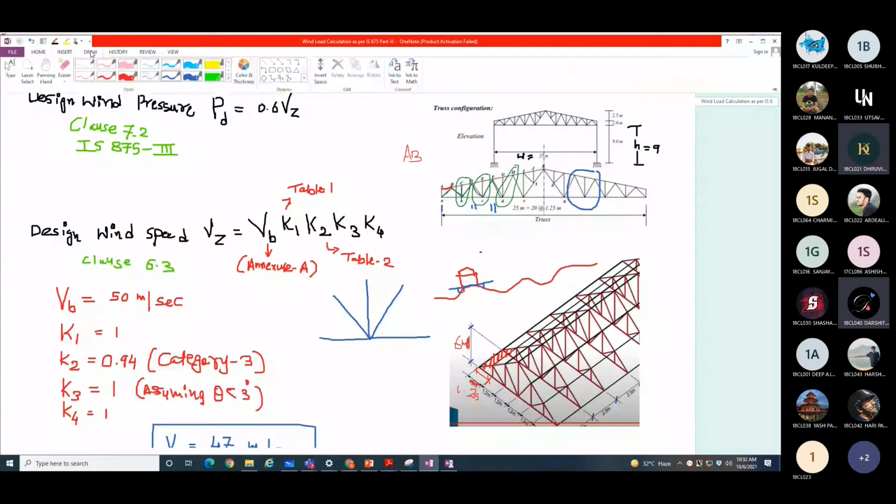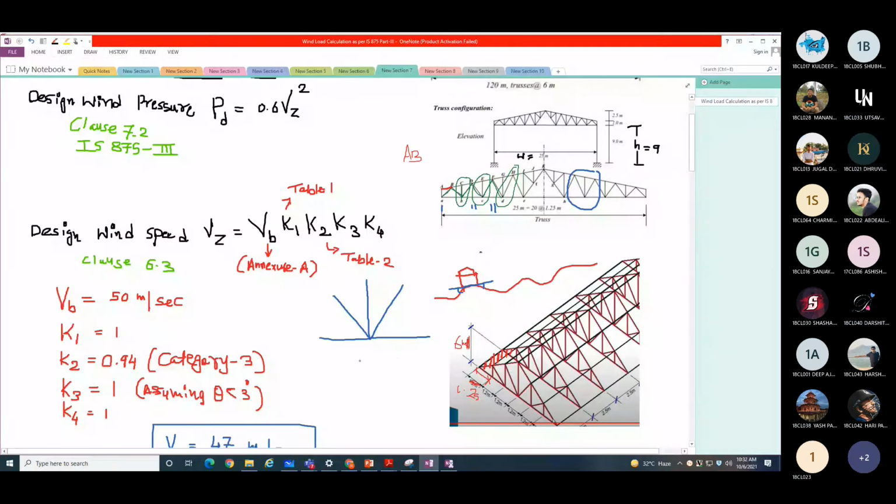Gusset plate, but initially what do you require for the connection design? Force. You require force, right? So here you require the force: what is the force acting over here, from this member? Tension or compression, you require to define that first.